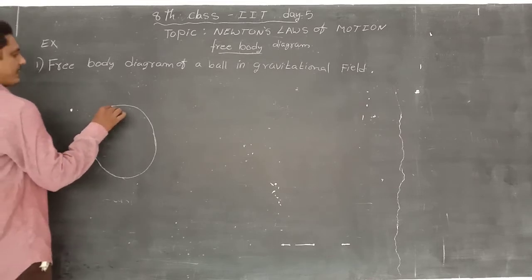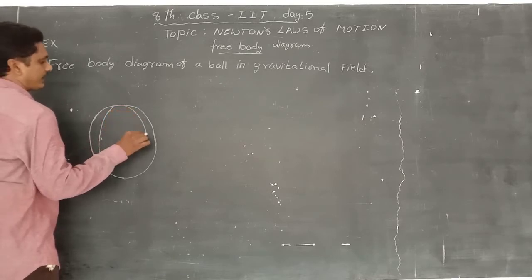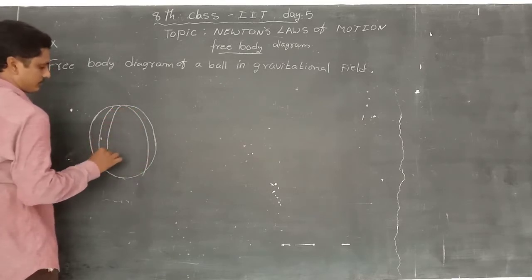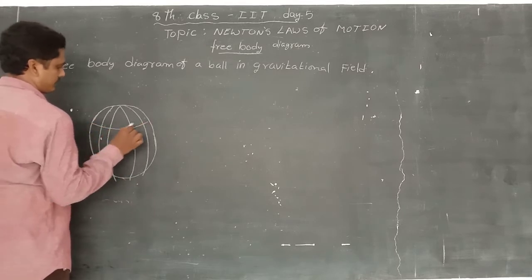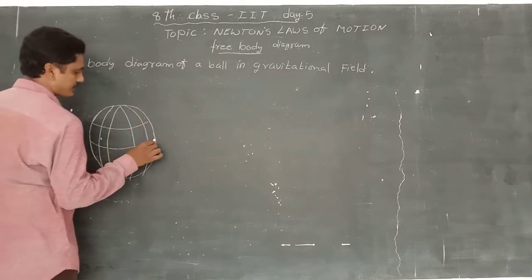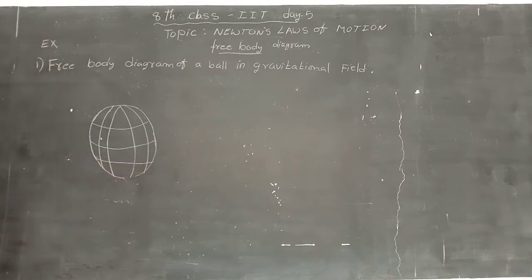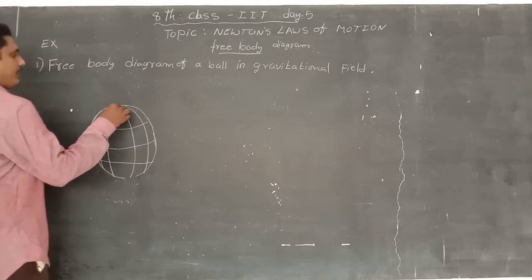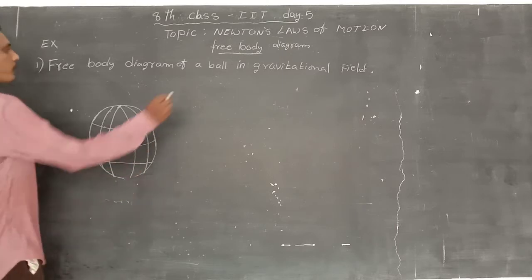This is the earth. The earth pulls every object towards the center because it exerts gravitational force on every body.